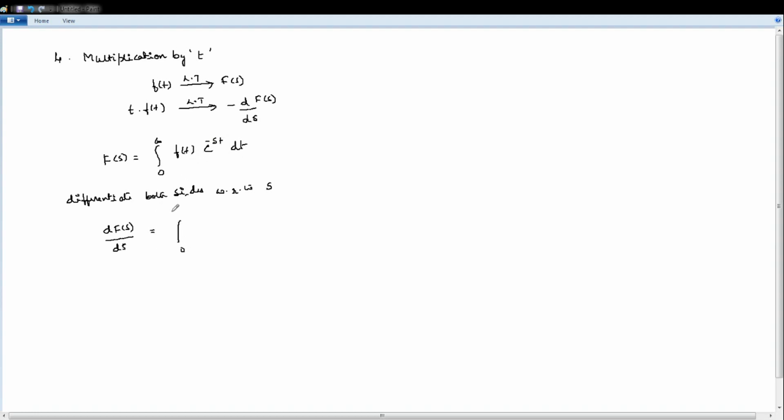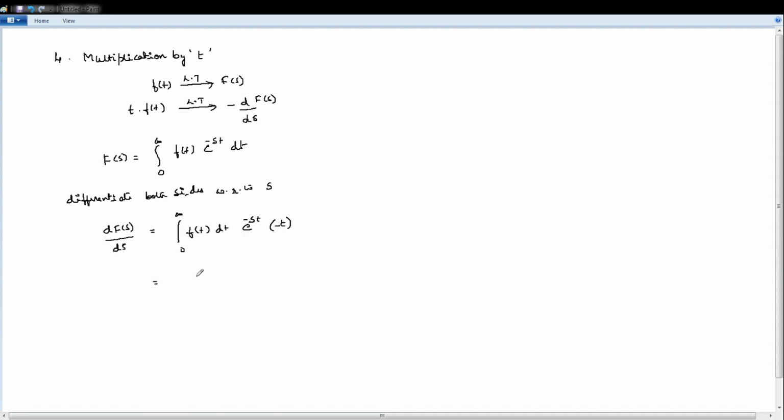So I can take the integral from 0 to infinity of f of t dt out. What is the differentiation of e power minus st with respect to s? It is e power minus st into minus t. Remember why minus t? Because we are differentiating with respect to s.